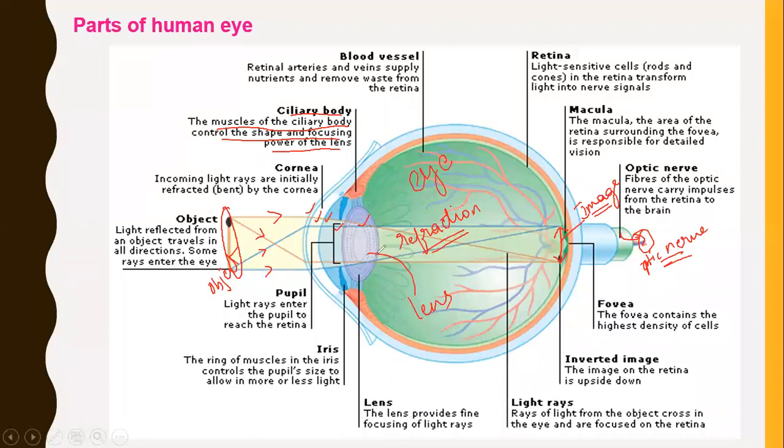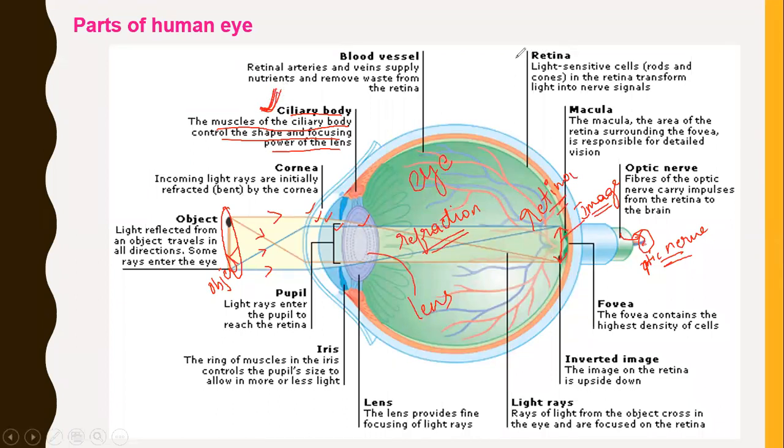The ciliary body adjusts the lens depending on the position of our object, such that for any position, the image is exactly formed on the retina. In order to form the image exactly on the retina, the eye lens position can be changed by using the ciliary body. Right? That is one important thing.